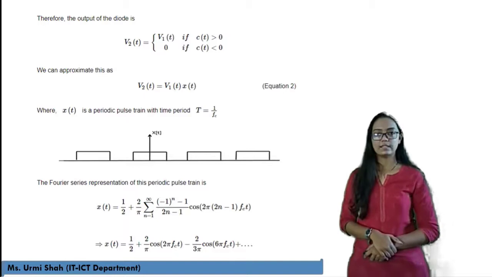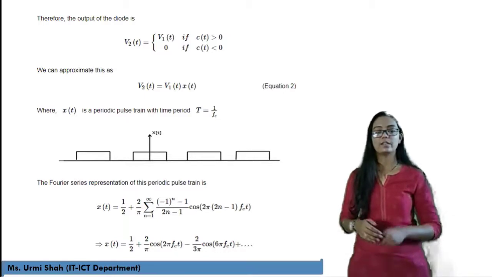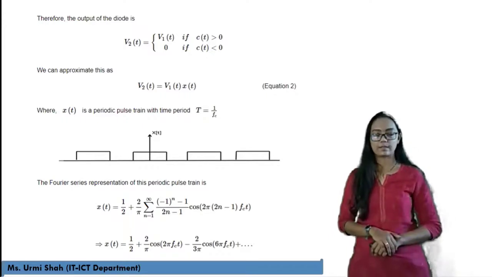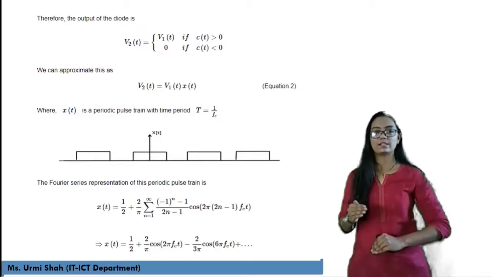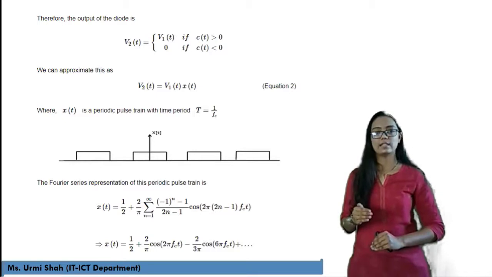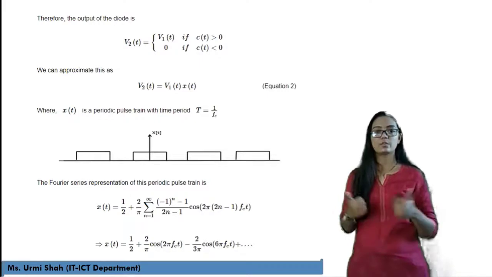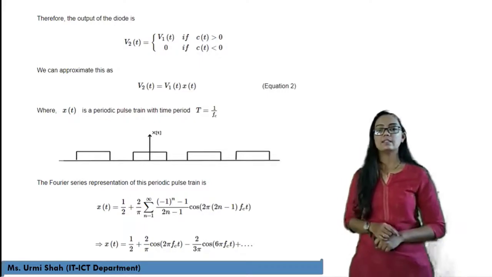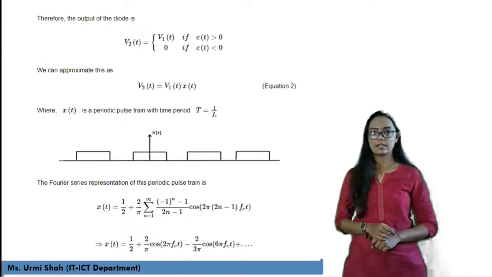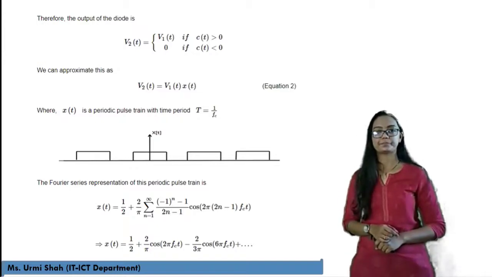Over here you can see if the carrier signal C of t is greater than 0, or has positive amplitude, the diode will be on and it will generate the V1 of t signal. If C of t has negative values, that is, it is in the negative half and is less than 0, the diode is switched off and it generates a 0 signal as V2 of t.